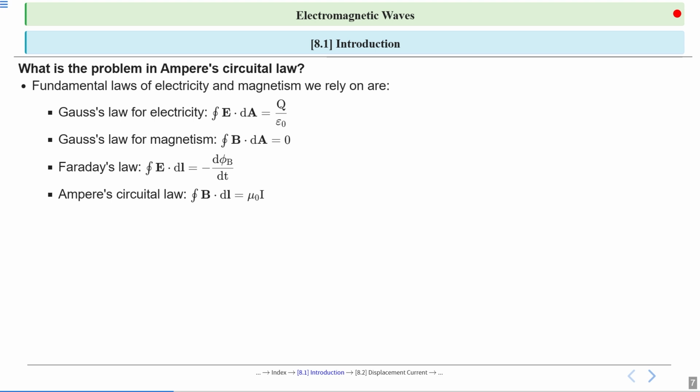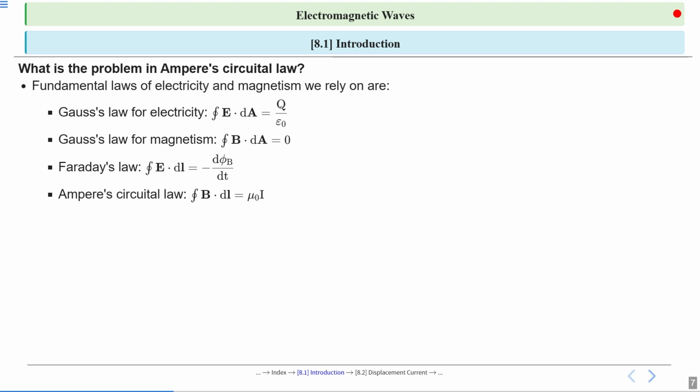The integral over a closed loop of B dot dl is equal to mu naught times the current passing through that loop, or the current enclosed by that loop. That is the statement of Ampere circuital law. So these are the four basic fundamental laws of electricity and magnetism on which we rely in the entire chapter.